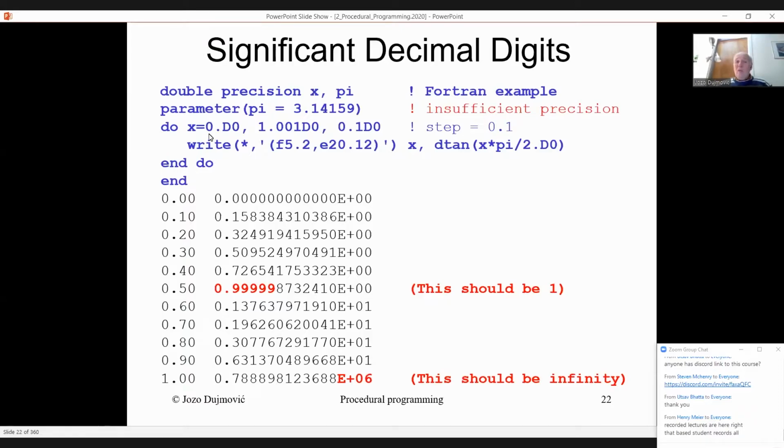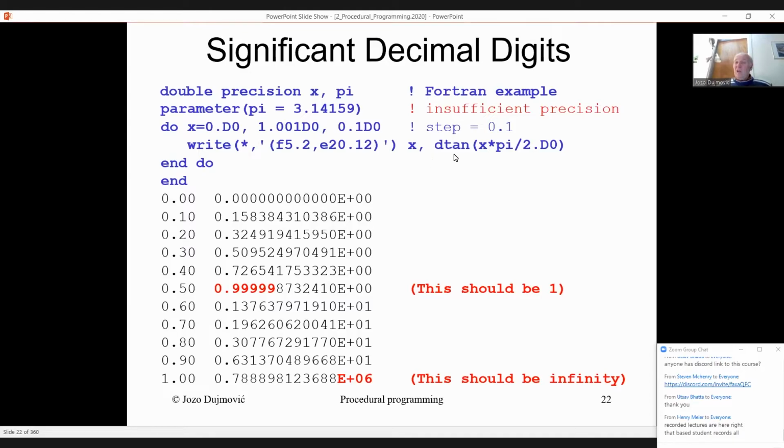Here is an example that shows this kind of problem. I have this loop where I want to display the tangent of an angle. So I go with x from 0 to 1 and then multiply that by pi divided by 2. So when this is 1, pi divided by 2 is 90 degrees.